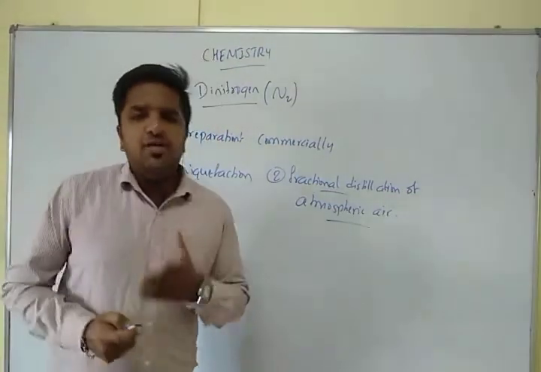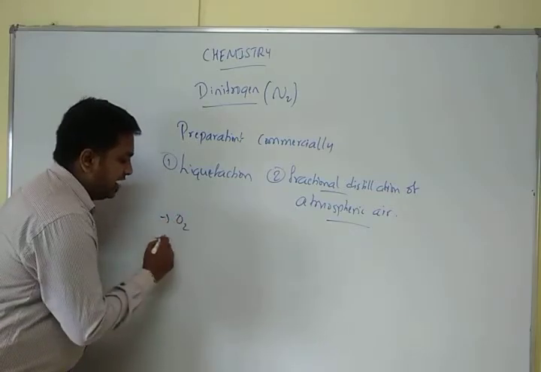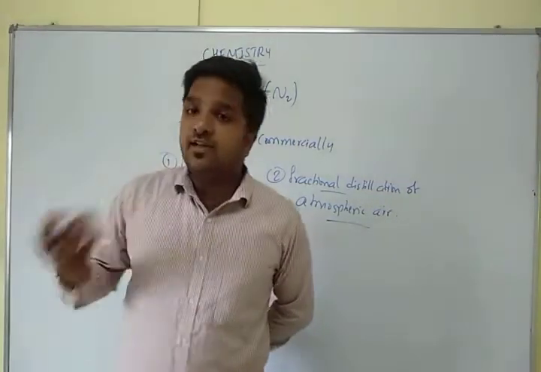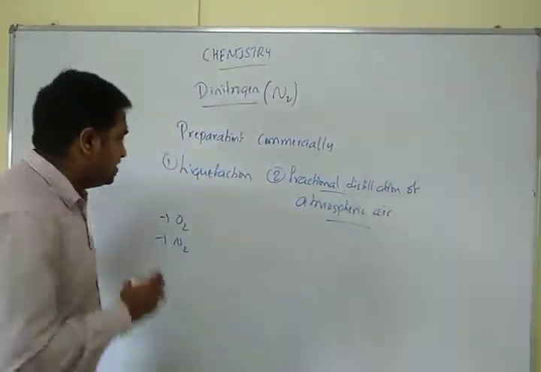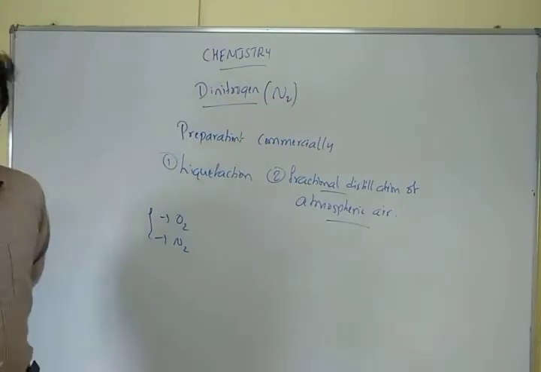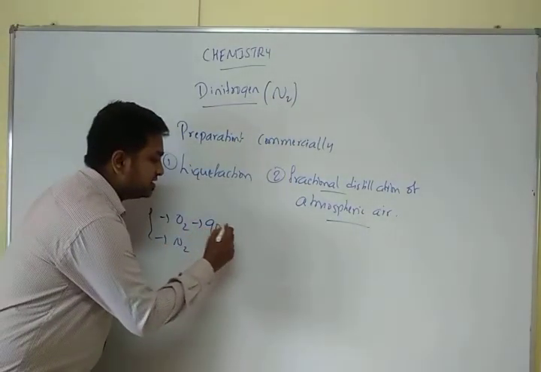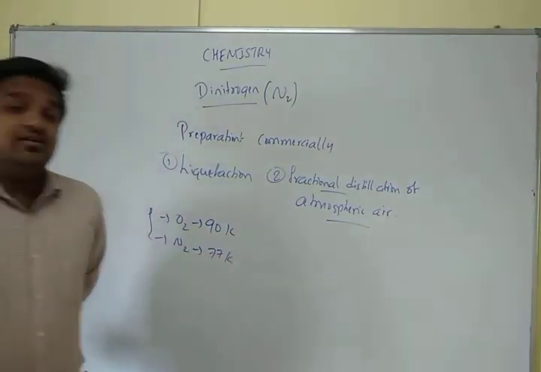So we know that atmospheric air mainly consists of oxygen and nitrogen. Here we even have carbon monoxide, carbon dioxide, and some more impurities also, but we will be focusing on these two, oxygen and nitrogen. The boiling point of oxygen is 90 Kelvin, whereas nitrogen is 77 Kelvin.